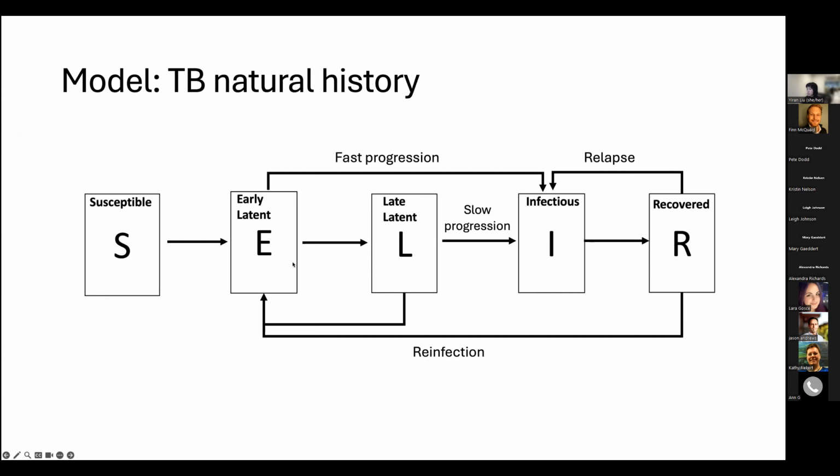Or alternatively, they can transition to a late latent state where the rate of progression to active disease is lower. Individuals who have disease can recover through diagnosis and treatment, which we assume is spontaneous, or through self-cure. And we also account for the possibility of relapse or reinfection among those with latent infection or previously treated TB.